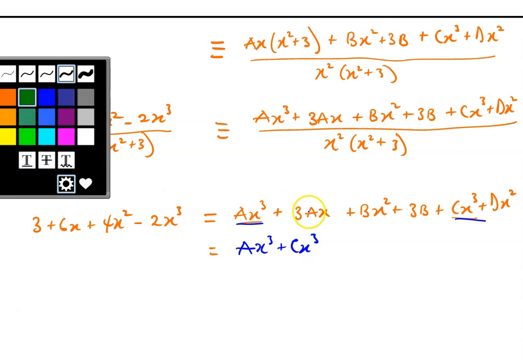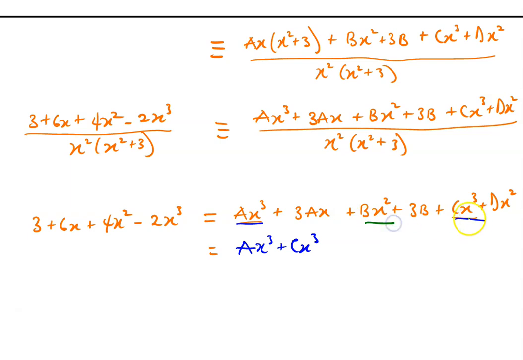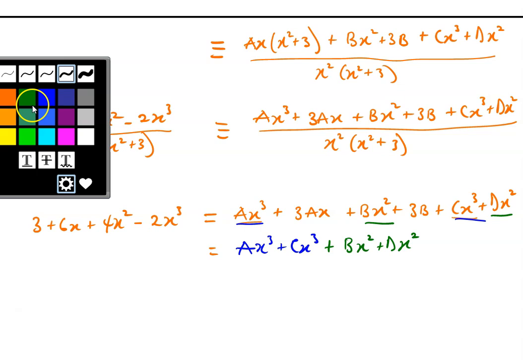Then for the x squared, I'm going to get plus bx squared plus dx squared, right? Then for the x values, let me use red.